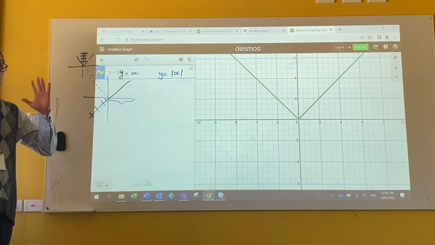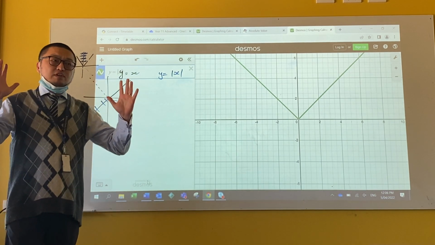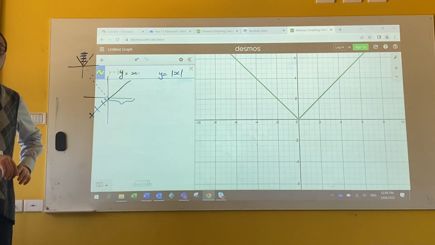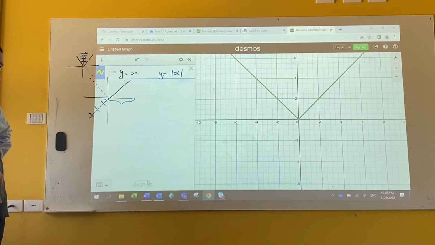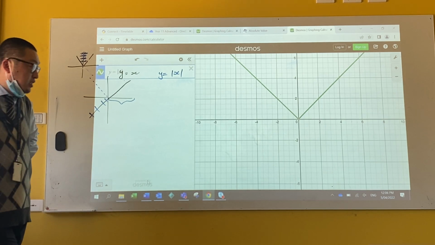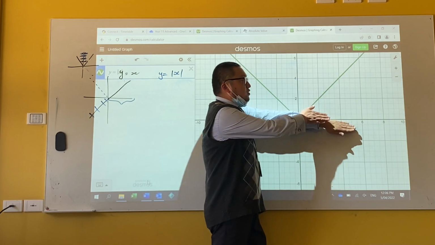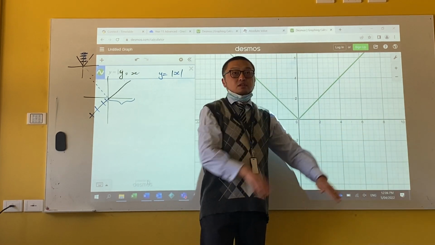Okay, having that, people okay so far? People happy so far? Okay. So if we're working it out, what are the symbols in the absolute? The opposite symbol of what's in the absolute is what is ignored. The absolute value of y is the positive. Now you can see all the negative part has already disappeared. So we only focus on the positive part.